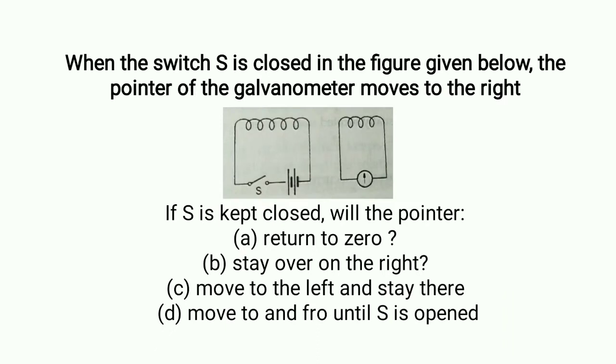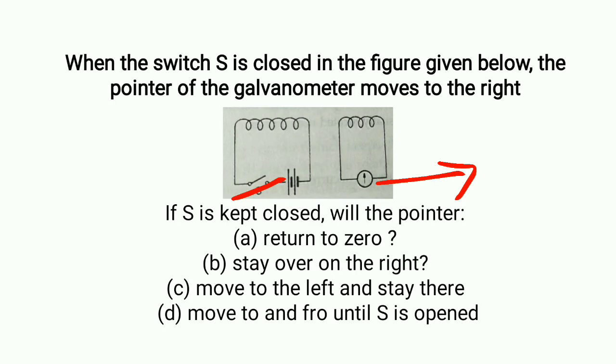When the switch S is closed in the figure given below, the pointer of the galvanometer moves to the right. Now, if S is kept closed, what will the pointer do?